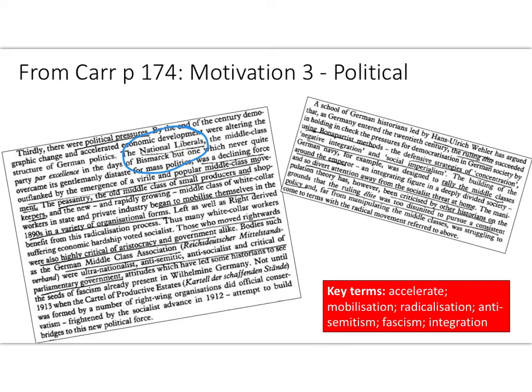And the best way to do that is to get them to think in a different way. So it's about diverting attention away from the socialist threat at home and getting them to identify with Germany. And this is what we call social imperialism and so on. Okay, so that's what Carr is talking about there.